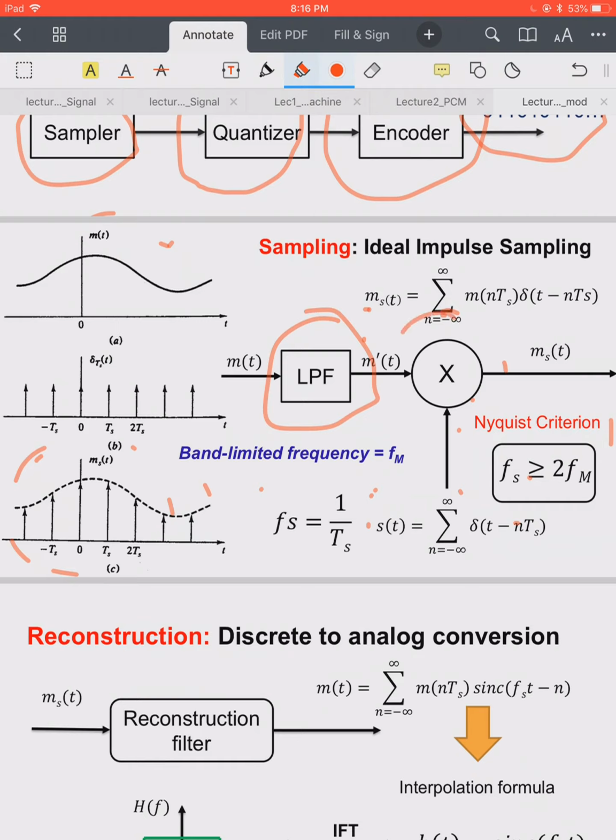And we need another multiplier, where the low pass filtered m(t) is multiplied with the Dirac comb function, and finally we get a sampled signal, right?